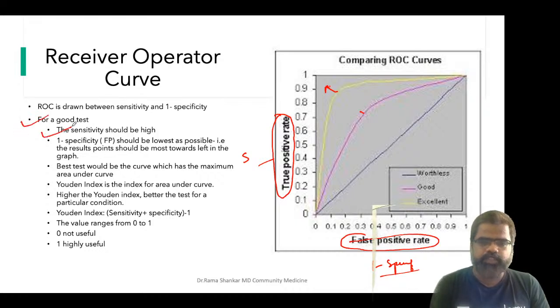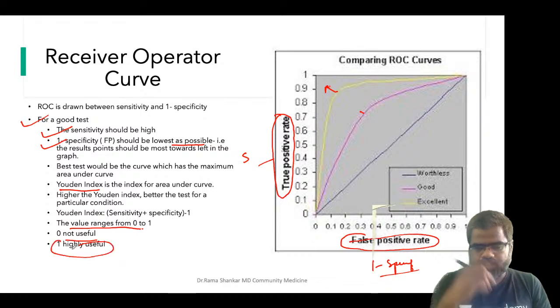The sensitivity should be high. 1 minus specificity, which is false positive, should be as low as possible, which is on the x-axis, right? And this is measured by an index called Youden index. The value ranges between 0 to 1. 0 is not useful, 1 is highly useful.